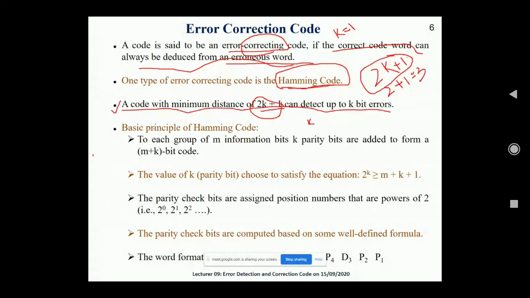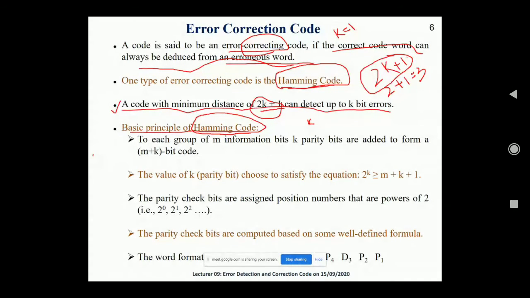Now, what is the basic principle? When we use the Hamming code technique for detecting and correcting the code, we use a particular code word, and that technique is called Hamming code. When constructing the Hamming code, we have to follow some principles or rules.